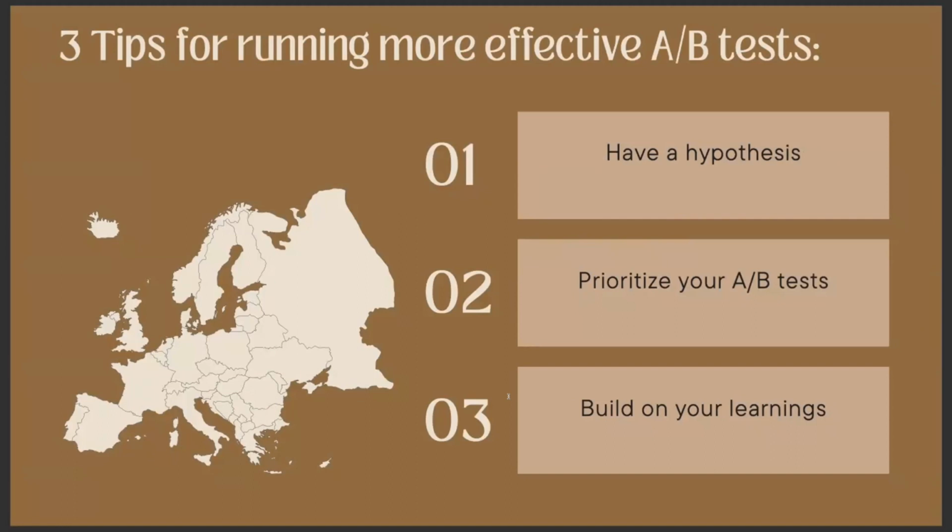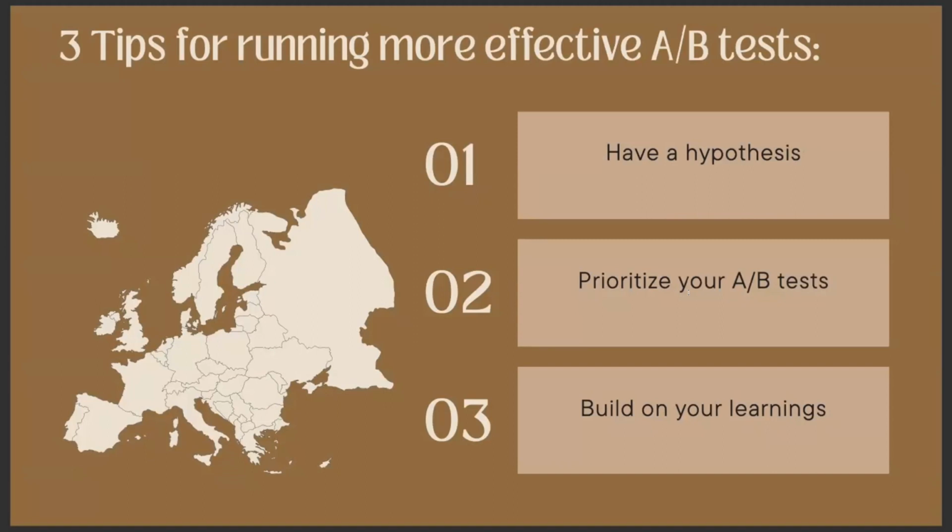First, you need to have a hypothesis. You need to have a strategic hypothesis about why a particular variation might perform better than the other. The best way to do this is to come up with a basic hypothesis for the test before you begin. Example: we believe personalizing the subject line with the subscriber's first name will help make our campaign stand out.